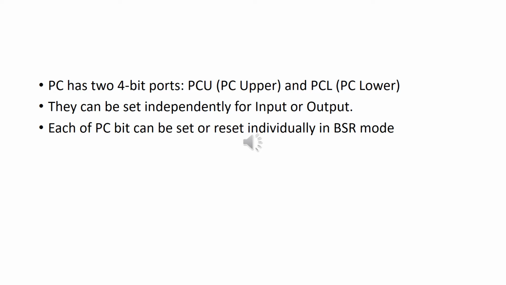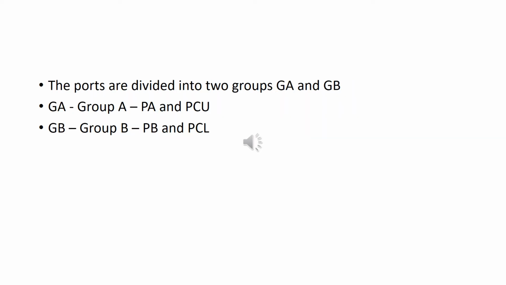Each of these PC bits can be set or reset individually in BSR mode. Now these ports are divided into two groups, as I mentioned, GA and GB. The GA group is port A and the upper part of port C. GB is for port B and the lower part of port C.